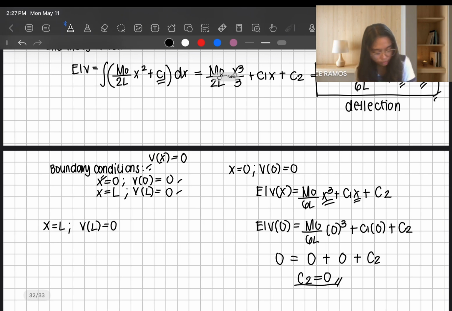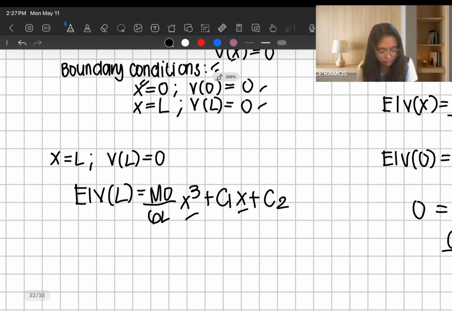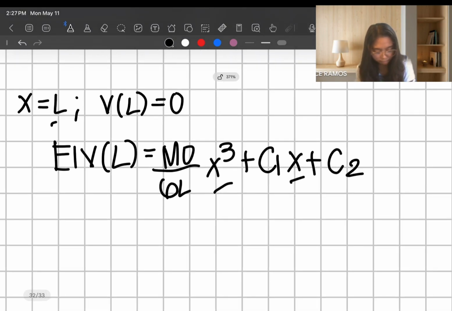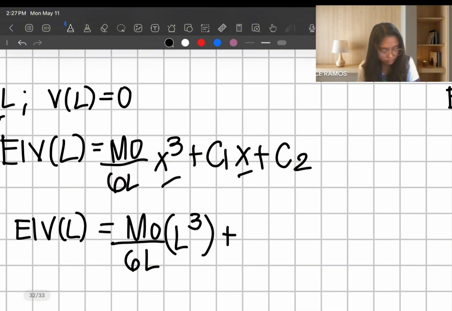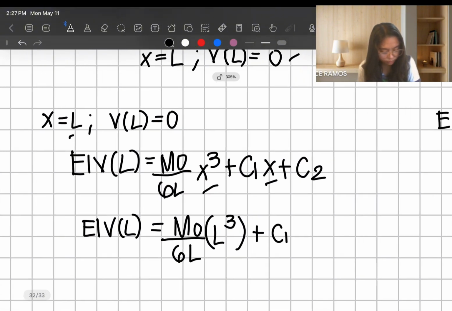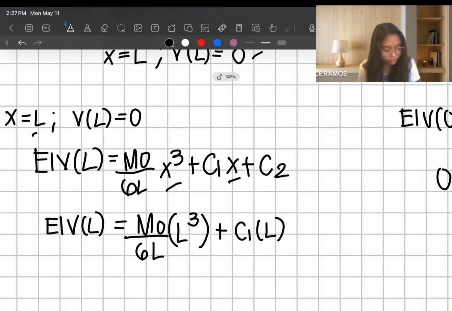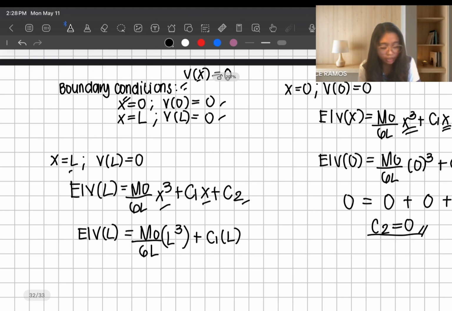So, i-copy po ulit natin yung ating equation from the second integration. So, sa lahat ng x naman natin, ang isa-substitute naman natin ay L, plus c sub 1 our L. Since nakuha na natin yung value ng ating c sub 2 is 0, hindi na natin siya isasama.